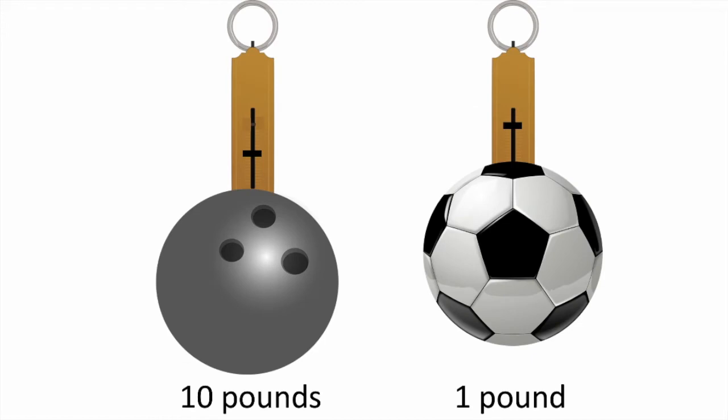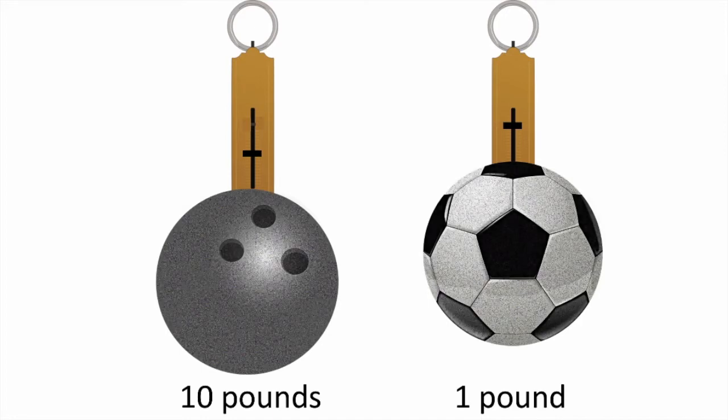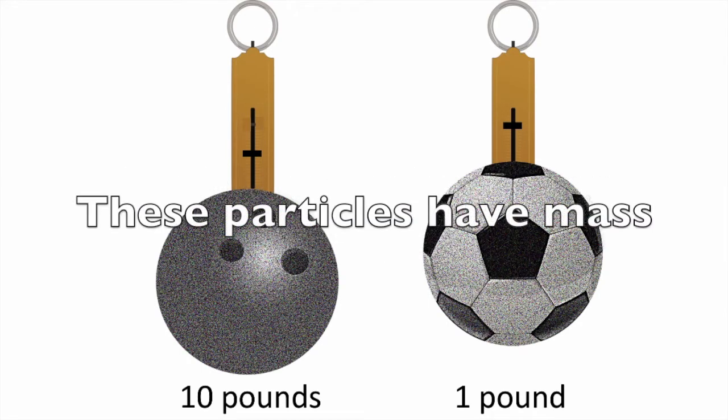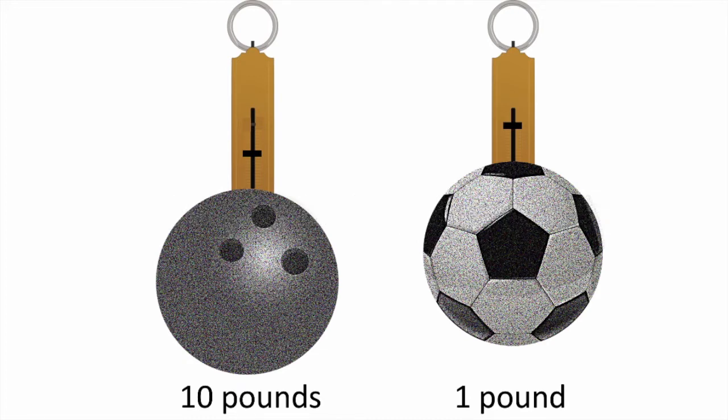Soccer balls and bowling balls, they're not filled with marshmallows, but if you were to take them and break them down and break them down again, you would find that they're both made of very tiny particles. And these particles have mass. And this bowling ball has more particles than the soccer ball, but in the same amount of space. It's like you've squished more matter into the bowling ball.